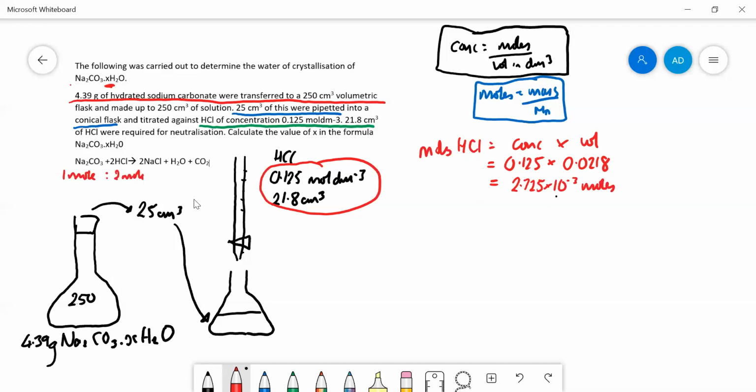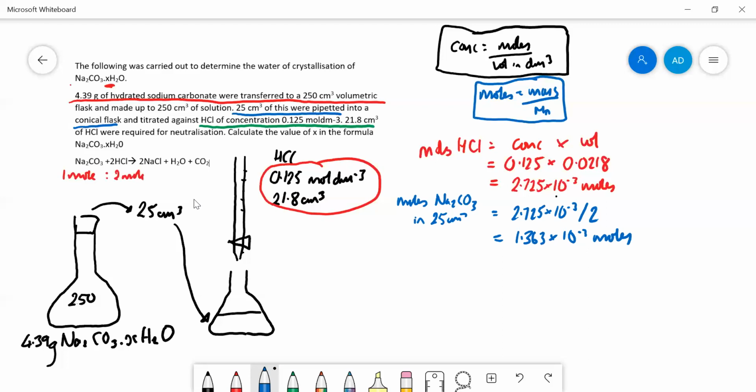Okay, now it's a 1 to 2 ratio, so our moles of sodium carbonate is going to be half of that. So moles of sodium carbonate in 25 centimeters cubed is going to be equal to 2.725 times 10 to the minus 3 over 2, which is equal to 1.36 times 10 to the minus 3 moles.